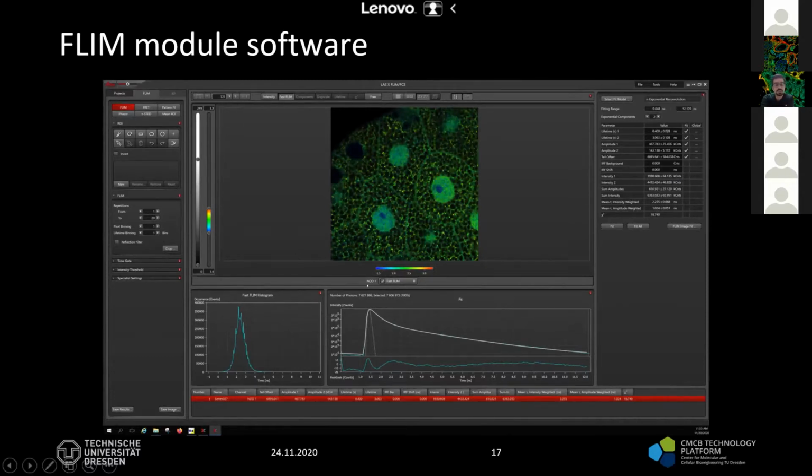Below that, when we stop the measurement, we get the fast FLIM histogram, a distribution from the fast FLIM images. And on the right side we see the decay curve. If we do the fitting, which is in the right column, we can get the fitting curve as well as the residual, which here is not really nice for this sample.